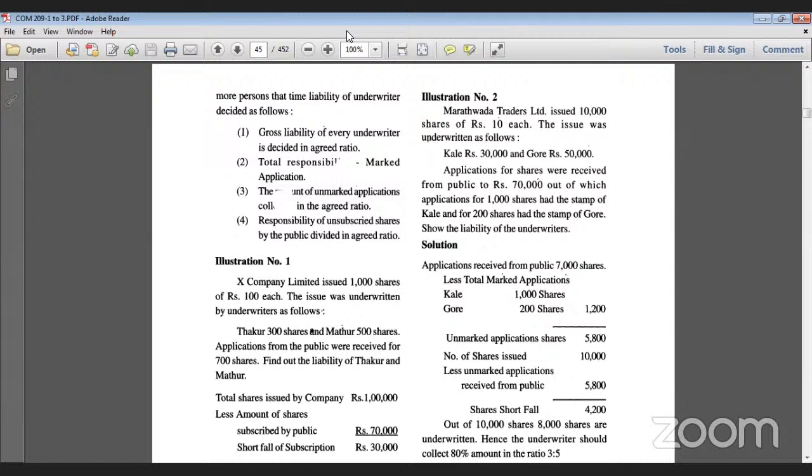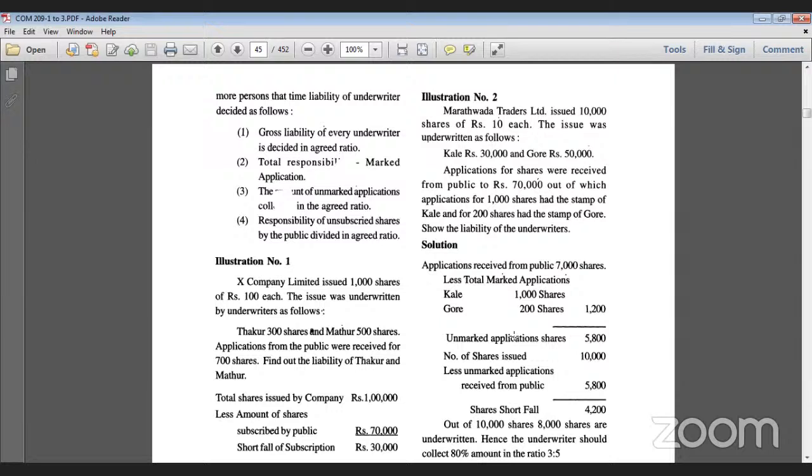The applications for shares received from the public were rupees 70,000, out of which the applications for 1,000 shares had the stamp of Kale, and rupees 2,000 shares had the stamp of Gore. Show the liability of the underwriters.